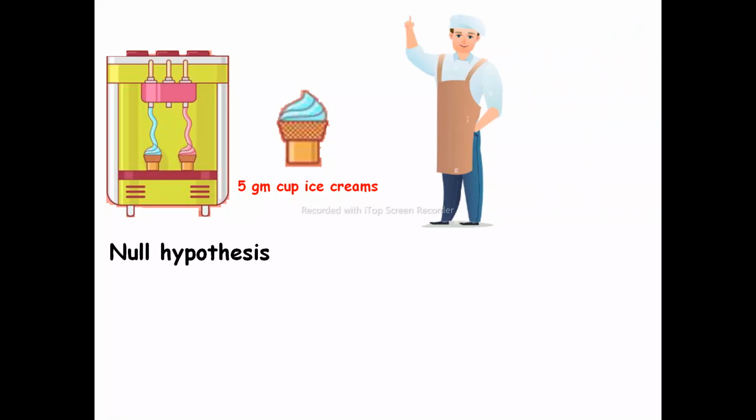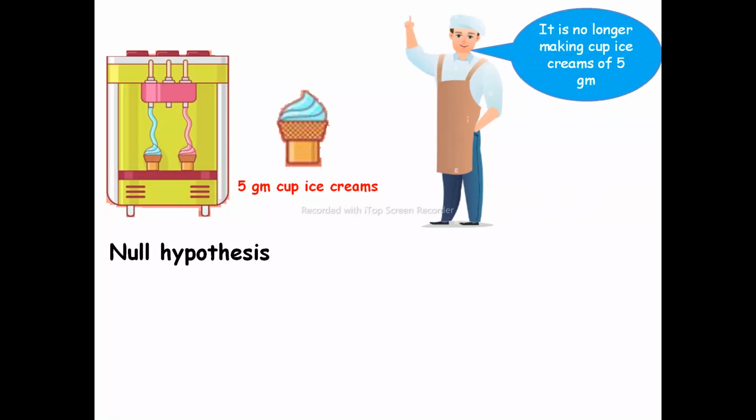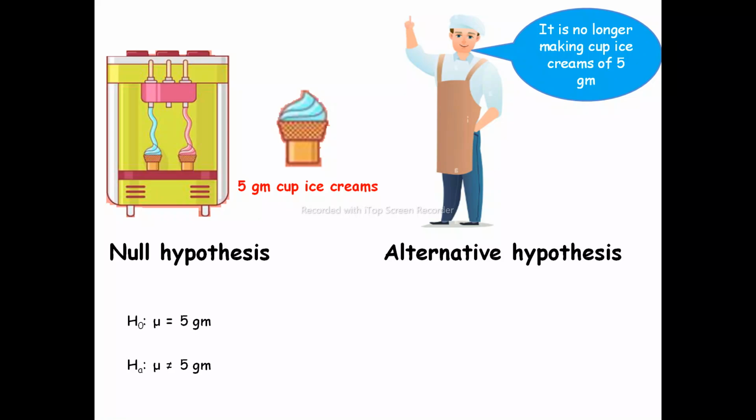A worker claims that after maintenance, this machine is no longer making cup ice creams of 5 grams weight, and this is our alternative hypothesis. So you'll write this in this manner: H naught, that is your null hypothesis, mu, that is average weight, equals 5 grams, whereas HA, that is the alternative hypothesis, mu is not equal to 5 grams.